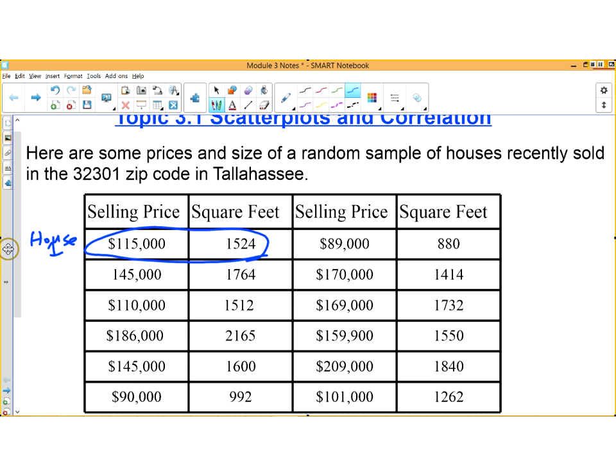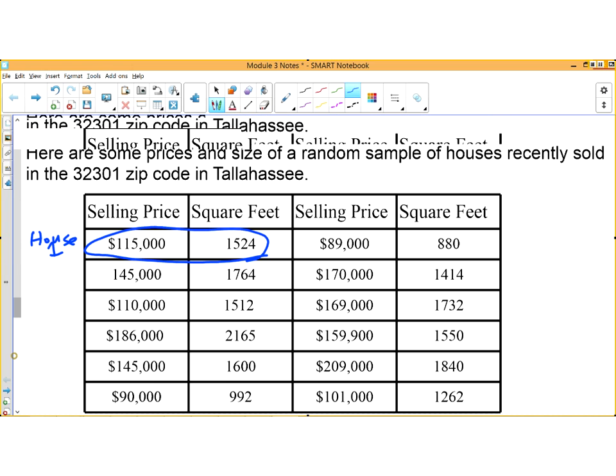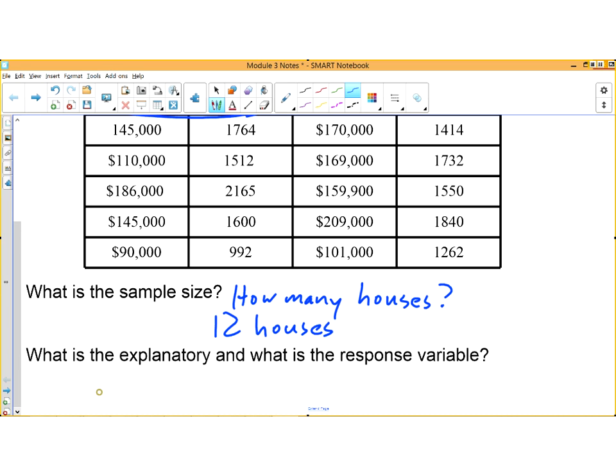So when you think about this, you want to think about which one of these influences the other. Well, changes in selling price don't generally cause changes in square footage, but changes in size probably make a difference in the selling price. So the most logical explanatory variable would be the selling price.